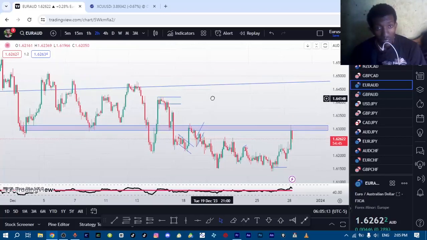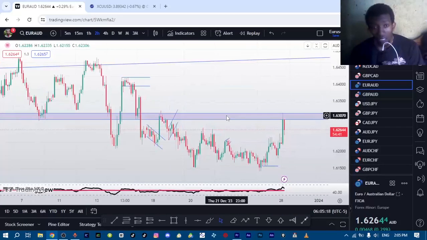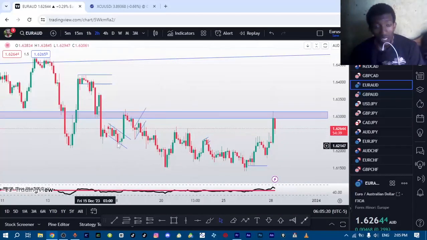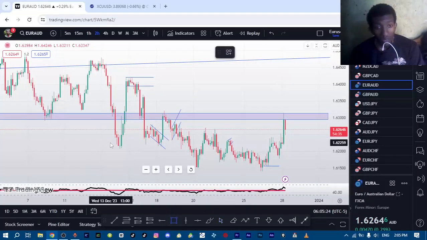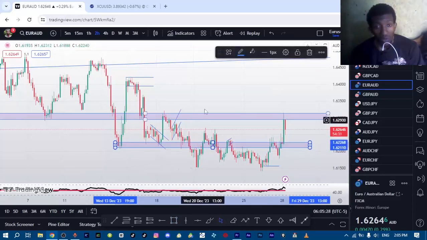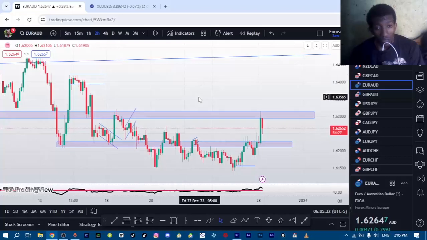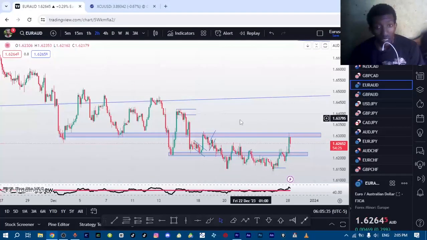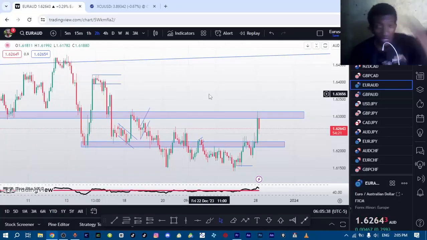It is very difficult, and it takes time to hit that one. Supply and demand zones are for the more experienced and the more patient ones. But ours has a lot of trades we can take.